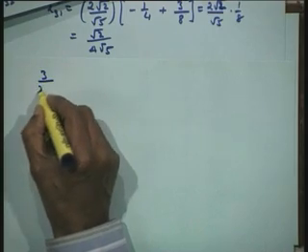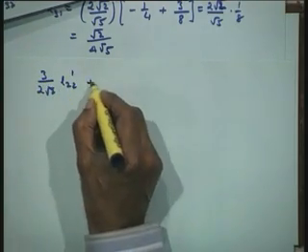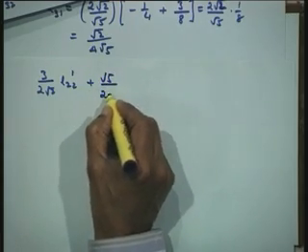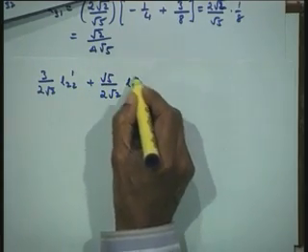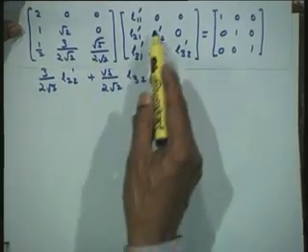I would get here, I am just writing this third row and the second column, that gives you 3 upon 2 root 2 L22 dashed plus root 5 by 2 root 2 L32 dashed. Have a look at this here, we are multiplying this row with this column.